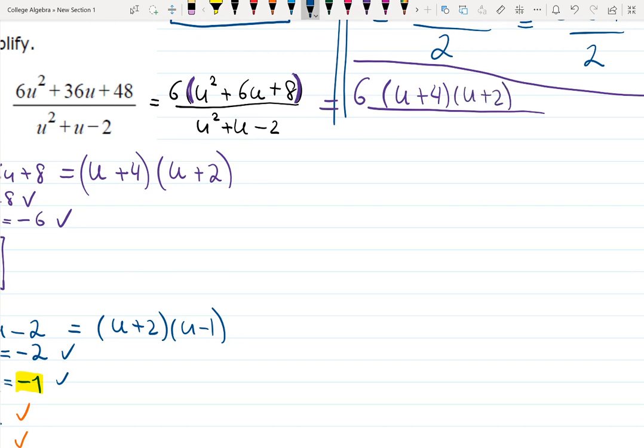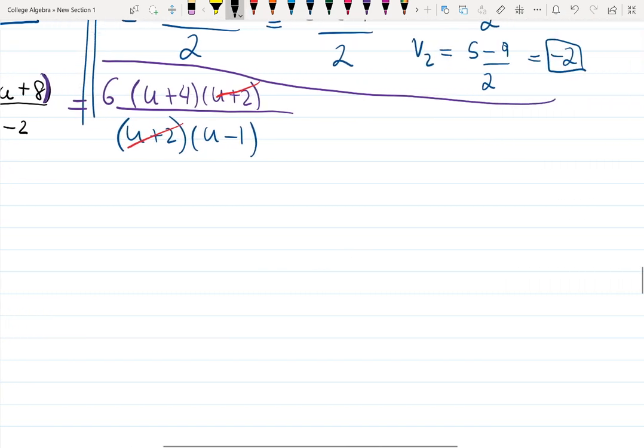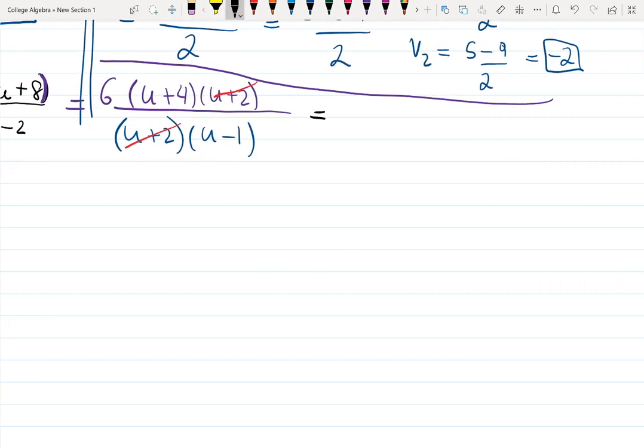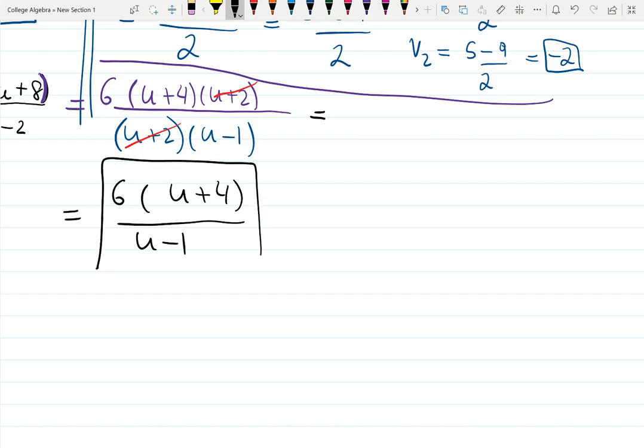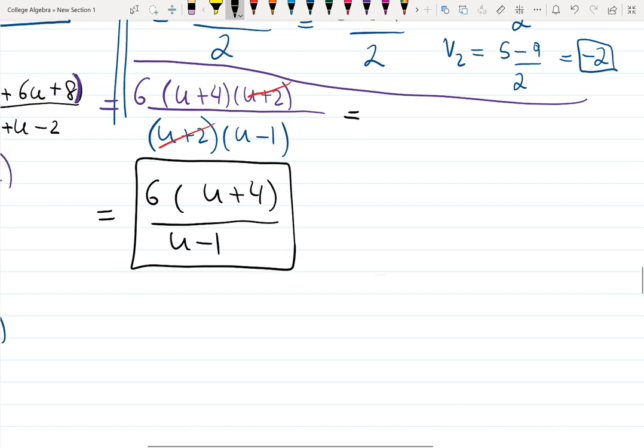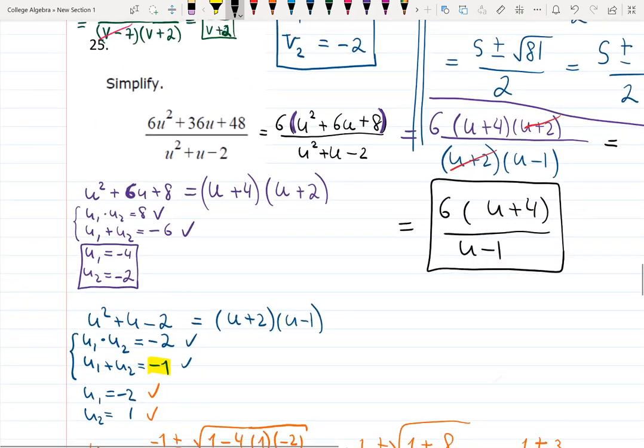The blue part goes to the denominator: u plus 2 times u minus 1. Let's see what we can simplify here. u plus 2 can be divided by u plus 2. And the answer follows. The answer is 6 times u plus 4, all over u minus 1. There's nothing to simplify more, so that is the final answer.